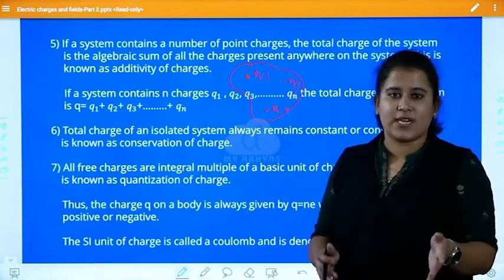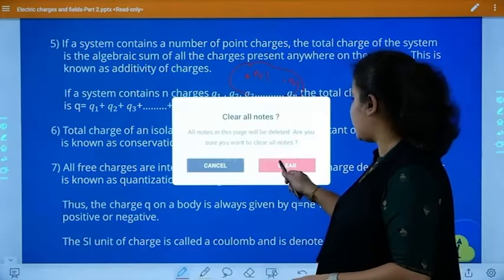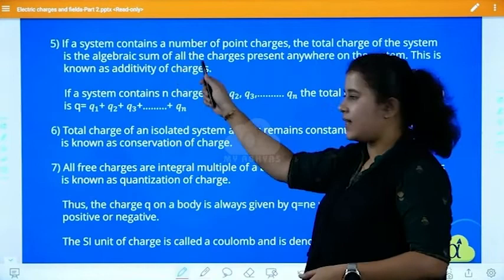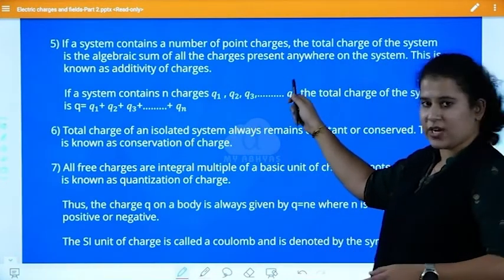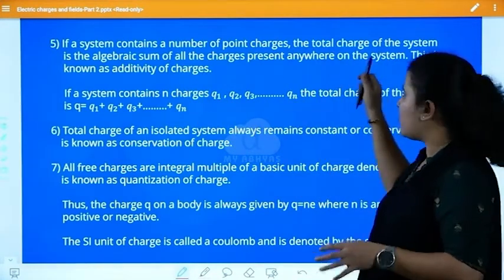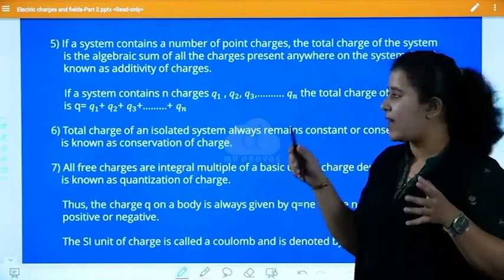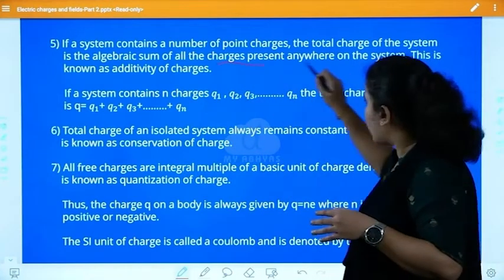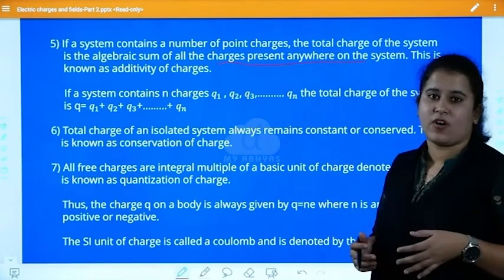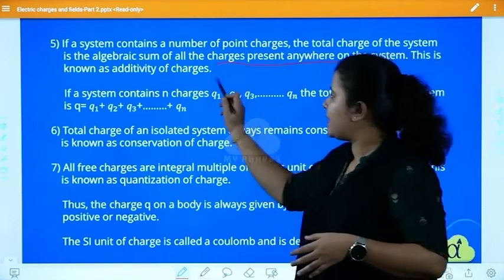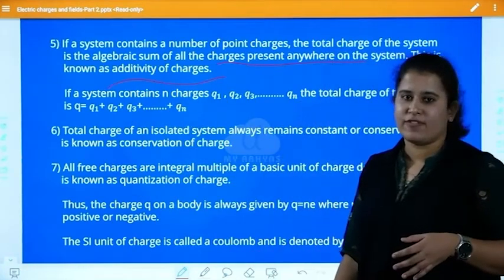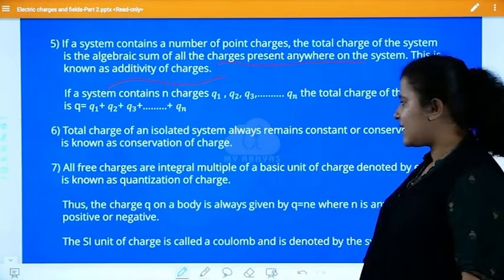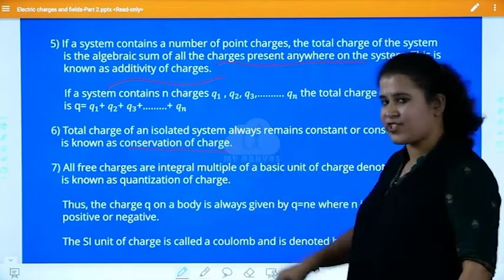So we call it as what? Additivity of charges. So if a system contains a number of point charges, the total charge of the system is the algebraic sum of all the charges present anywhere on the system. Okay, and that is known as additivity of charges.